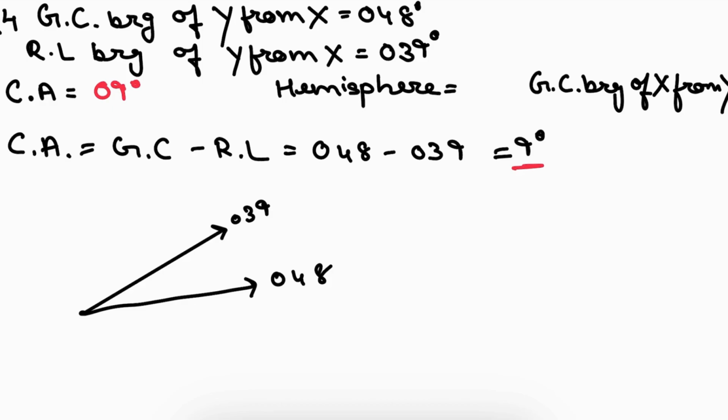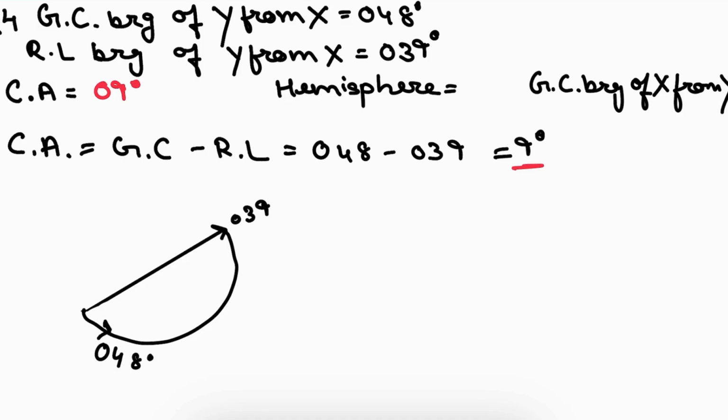So this is going to be the south hemisphere because the great circle is towards the south. So this is the great circle of 048 degrees and this is the rhumb line of 039 degrees. So we found out the second answer, which is the south hemisphere.